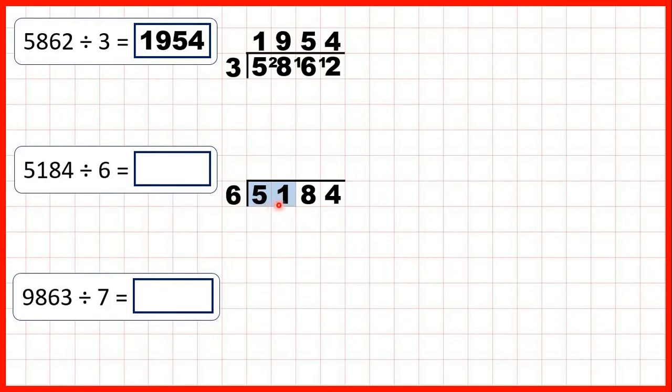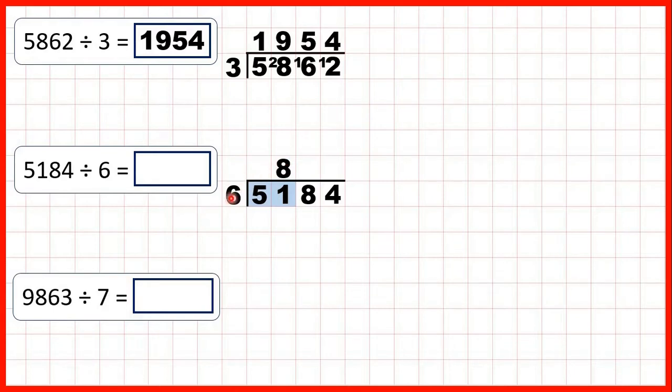So to divide 51 by 6, we need a number in the 6 times table which is as close to 51 as possible, but not more than 51. The closest number in the 6 times table is 48, and because 48 is 8 times 6, we write 8, the number we need to times by, in our answer line.